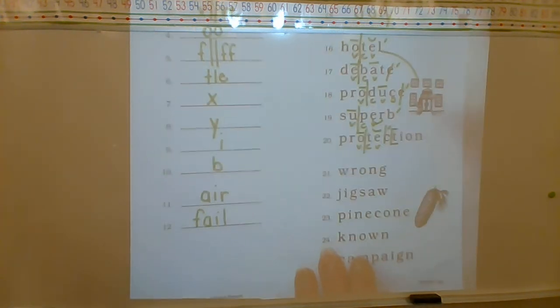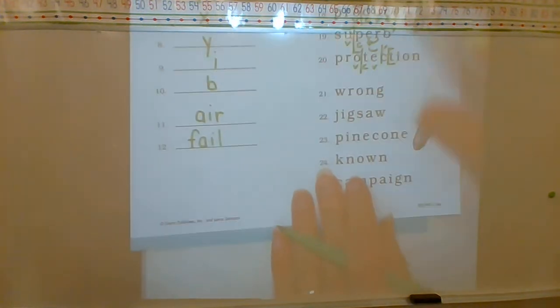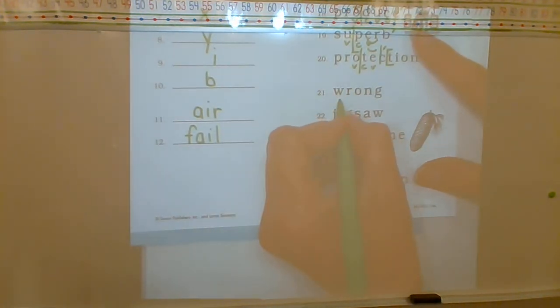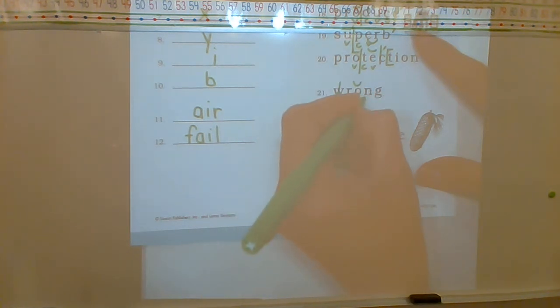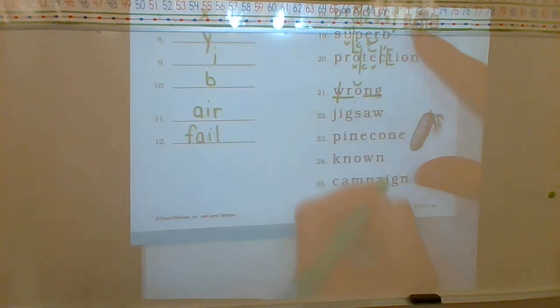Number 21. We'll keep going. We've got, who's this? Ghost letter digraph. Good job. Vowel followed by a consonant short sound and digraph, a G sneaking in. What's that word?